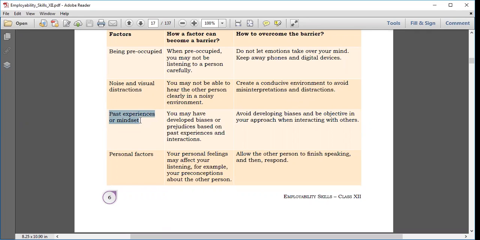Then past experiences and mindset. कई बार होता है कि you are talking to somebody, और उससे आपका past experience अच्छा नहीं है, ठीक है, तो आपका mindset बन जाता है कि यार ये बंदा तो हमेशा नेगेटिव ही बोलेगा मेरे लिए, right? So such kind of things should be avoided.